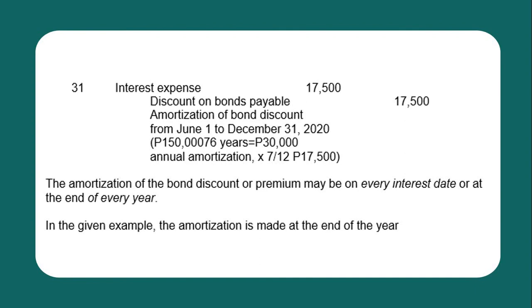The maturity is 6 years, and the total discount is 150,000, so that will be amortized over the life of the bonds.